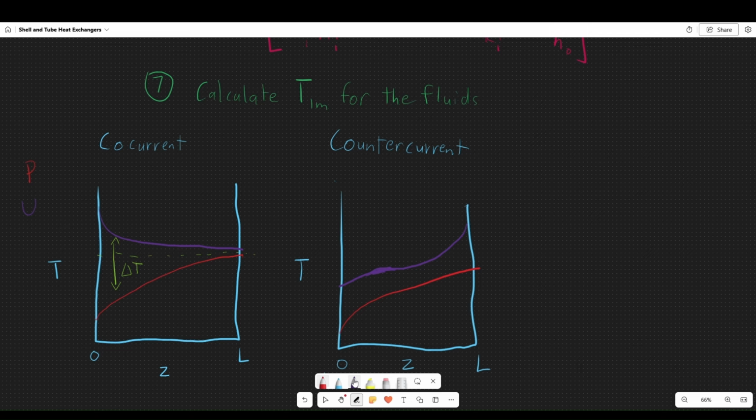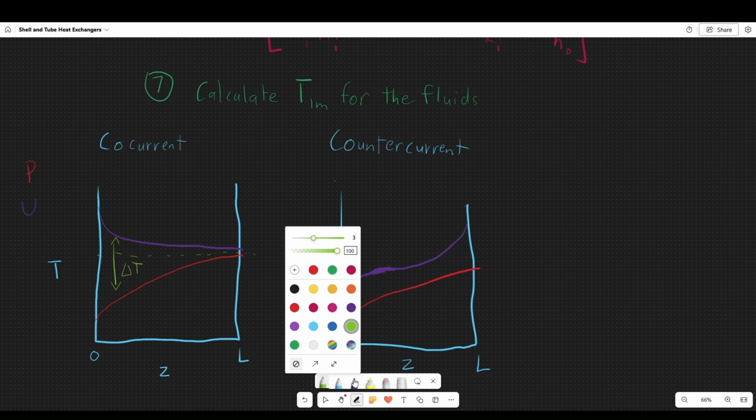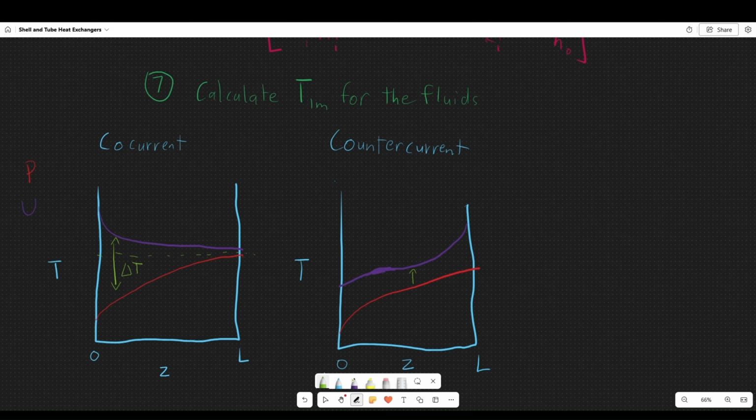And so you can see that we actually have maximized this delta T at every single step of the way. So we've kind of increased the heat transfer that can happen. And so oftentimes this is why you'll see countercurrent flow as being the chosen system. But sometimes co-current flow can be useful if you want to limit the temperature exchange, if you want to stop it at a certain point.